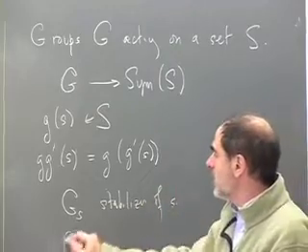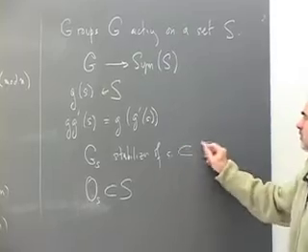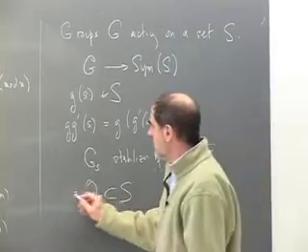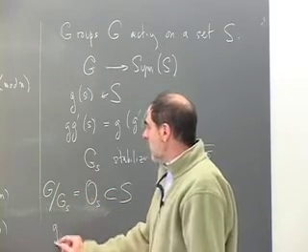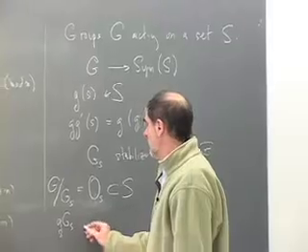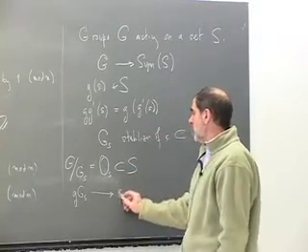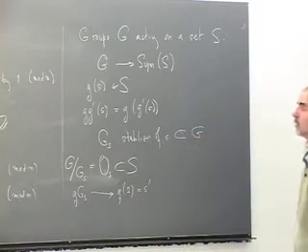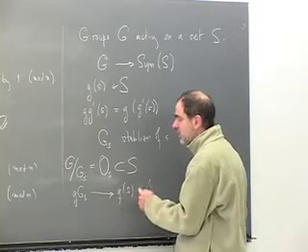We defined the orbit of s, which was a subset of S. The stabilizer was a subgroup of G. And the orbit we identified with the quotient space G mod G_s by mapping a coset gG_s to the element in the orbit, g(s), some element s' in the same orbit. That only depends on the coset because this subgroup fixes the element s.